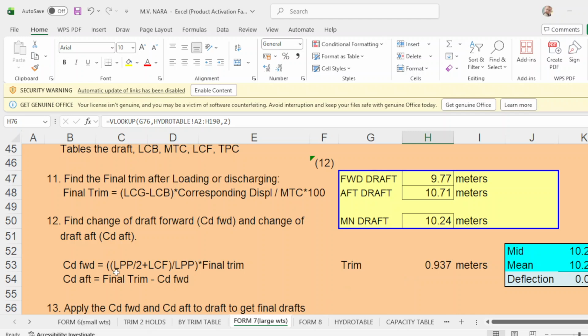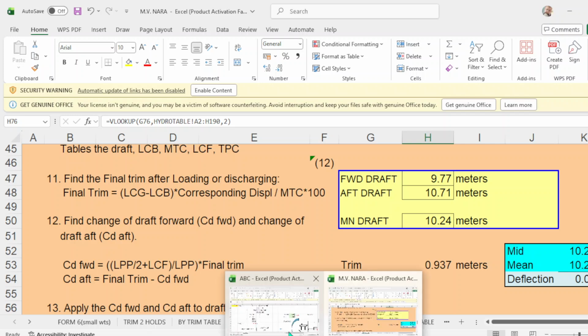Then you will have to look for change of drop forward and change of drop up, and this is the formula: 1/2 of LPP plus LCF over LPP times your final trim. This is your final trim, okay? So we do that in the computation.